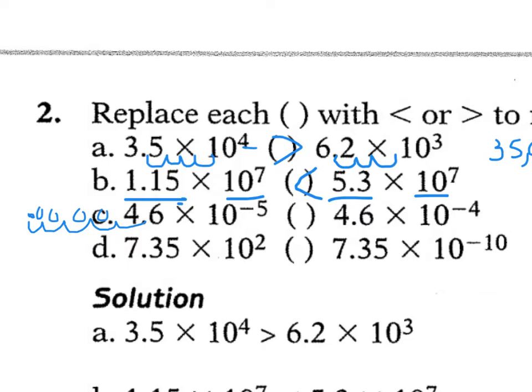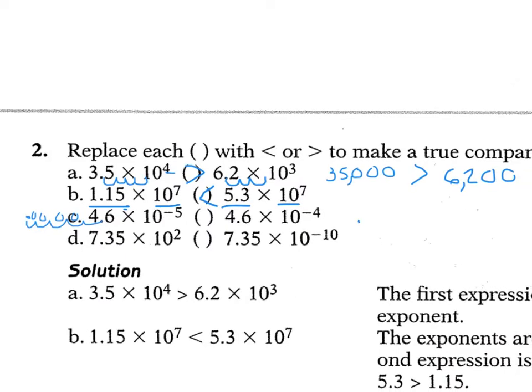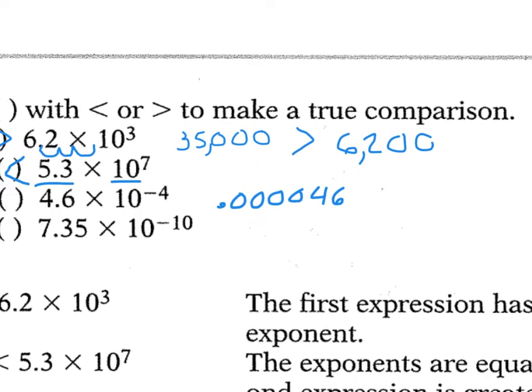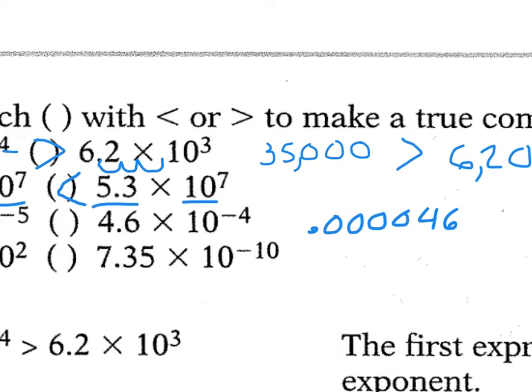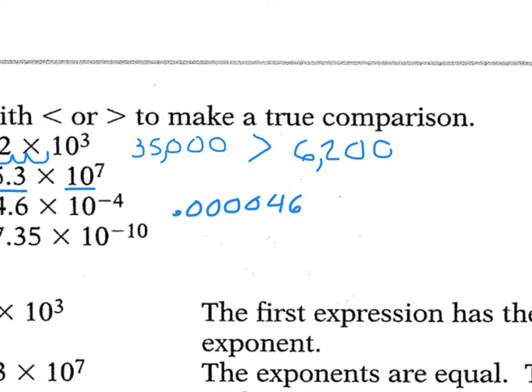So we have point, and we have 4 zeros. 1, 2, 3, 4. 46. And then next, we're going to move this 4 decimal places. So 1, 2, 3, 4. So we're going to have 3 zeros here. So 0.1, 2, 3.